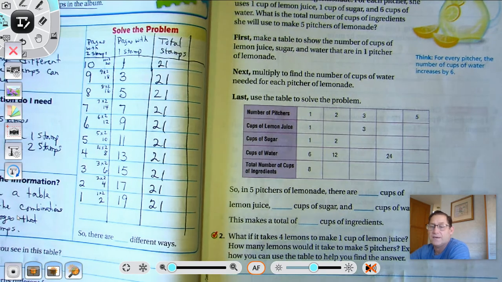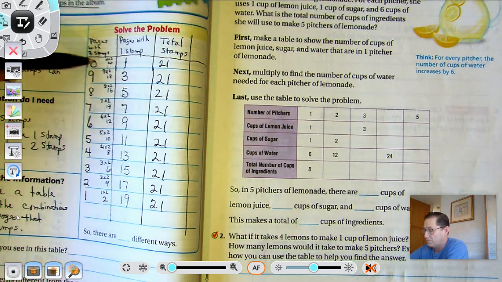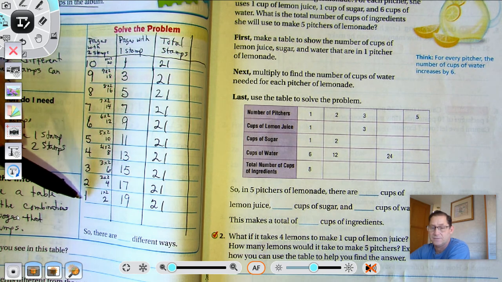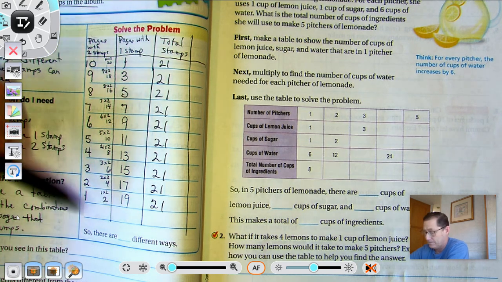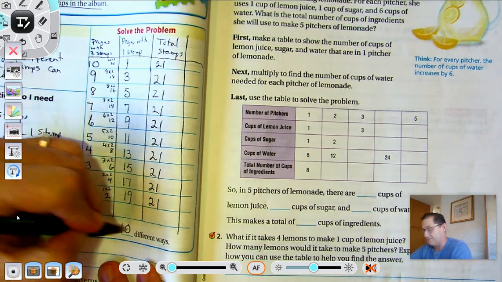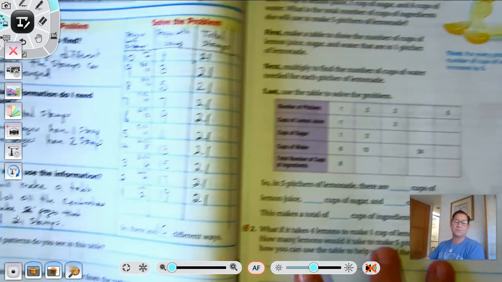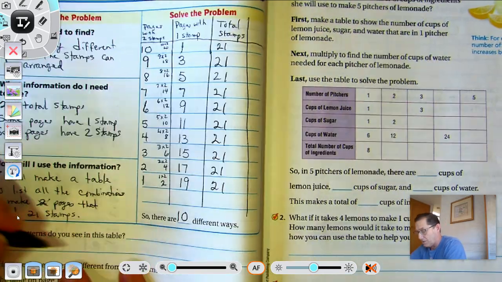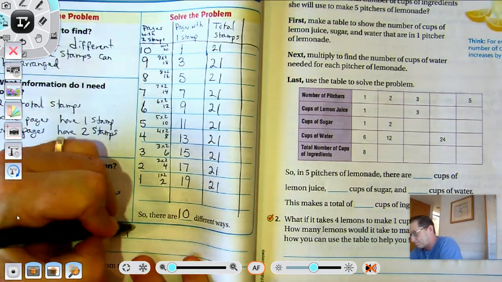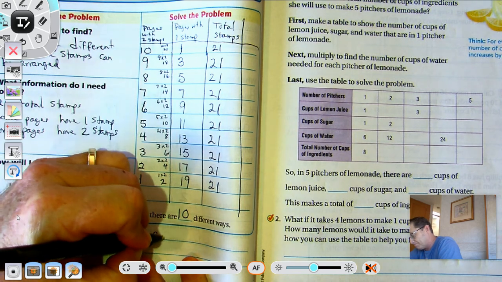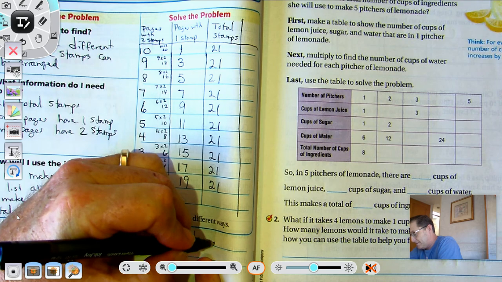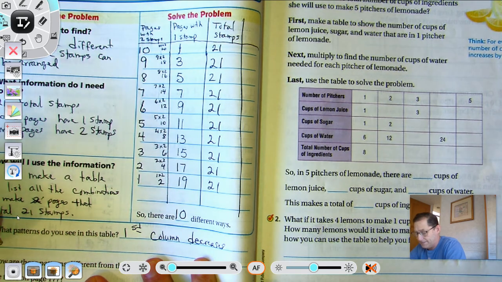So how many different ways did we come up with? 1, 2, 3, 4, 5, 6, 7, 8, 9, 10. Well, that makes sense, right? I went from 10 to 1, so 10 different ways. What patterns do we see in the table? Well, the first column decreases by 1.